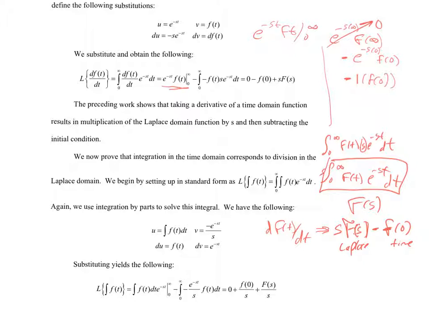So we just saw how taking the derivative of something in the time domain is exactly the same as multiplying the Laplace domain function, or converted function, F of s, by s. So all we need to do is every time we see a derivative, multiply it by s.